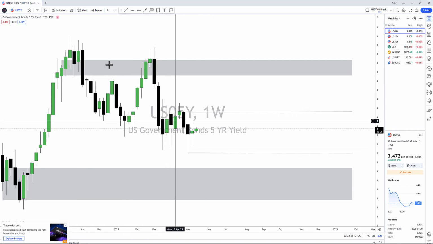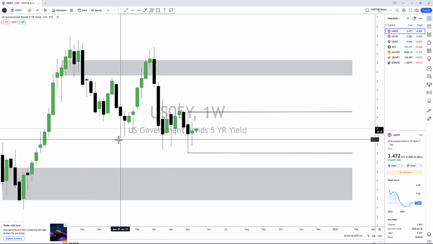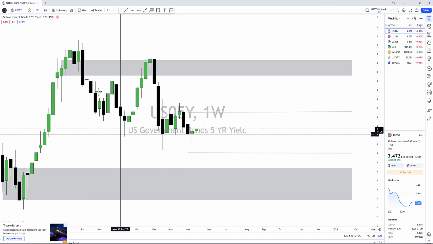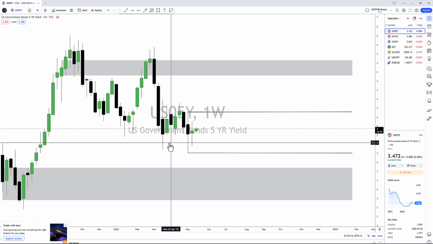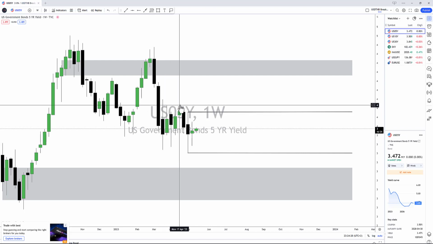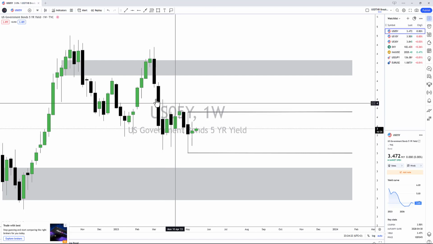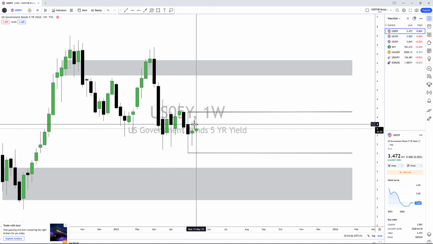Now what do we see in terms of market structure? With an expansion from a monthly premium array, high, low, return to fair value, drop, right? Then we created a new low, we expanded again, price found resistance in fair value, and then it dropped. Now price is again trying to push to the upside.